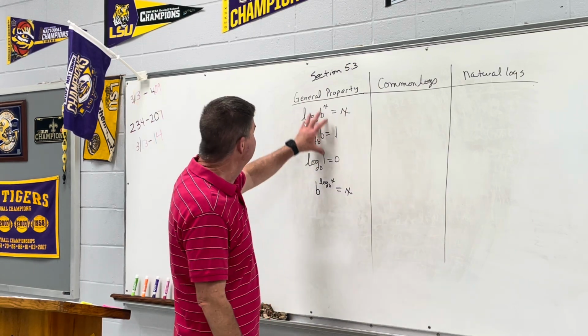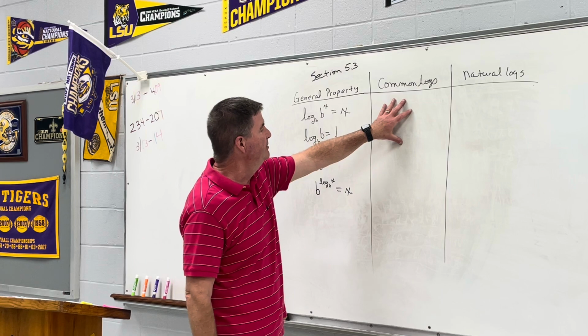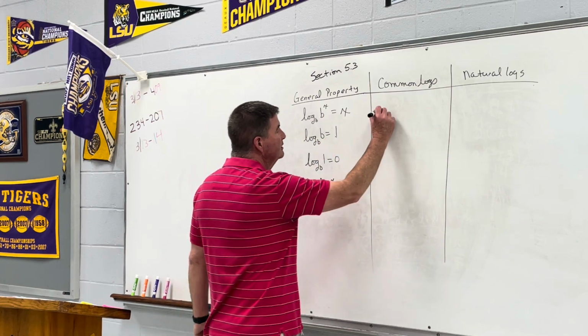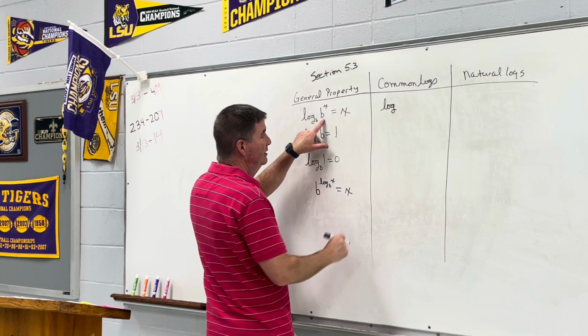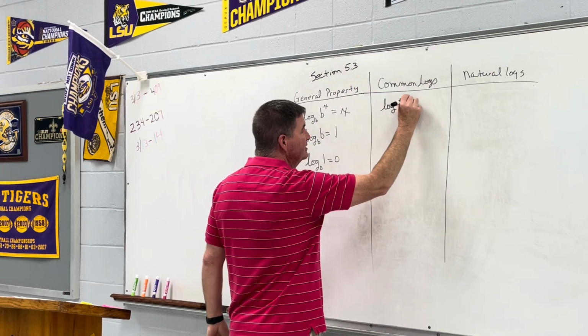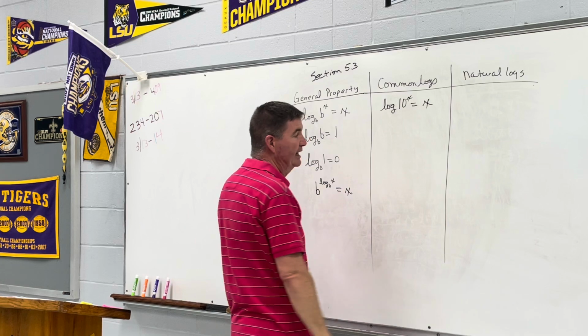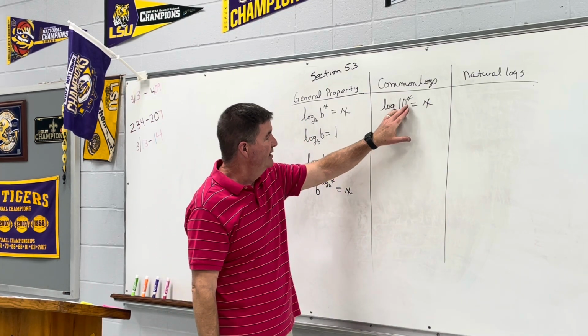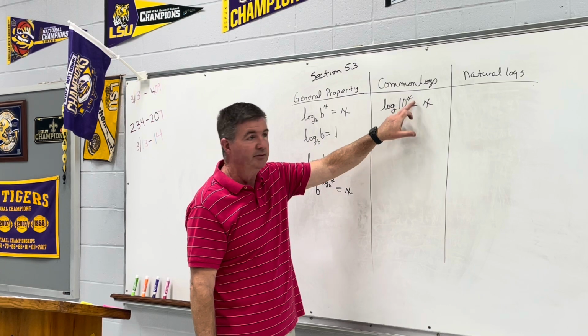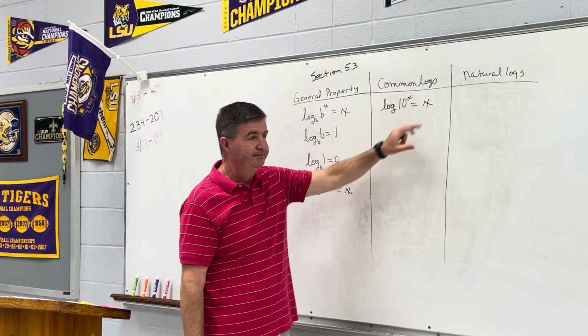So these general properties written as common logs would look like this. Remember, it's automatically base 10. So log of 10 to the power of x equals x. So if you come across log of 10 to the whatever, this number would be my answer.